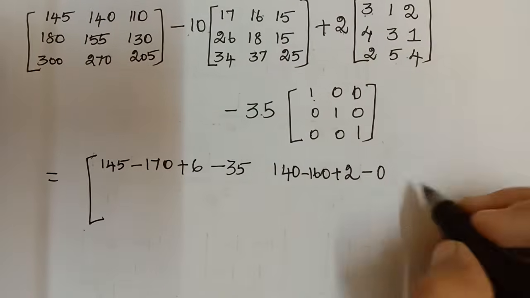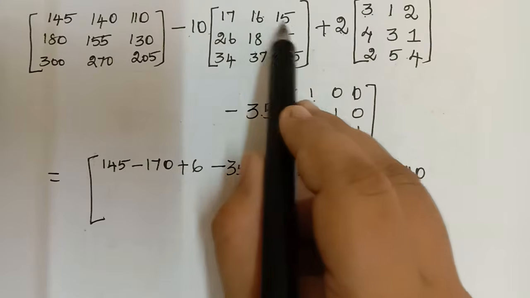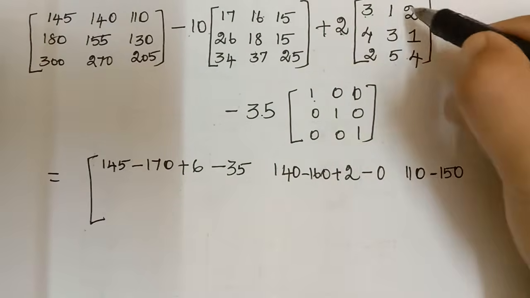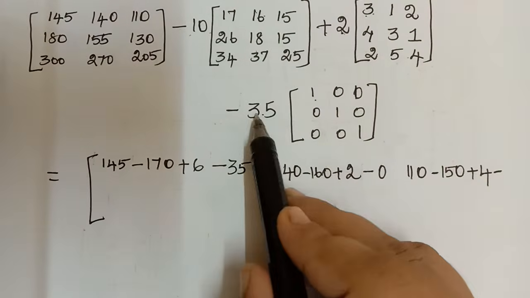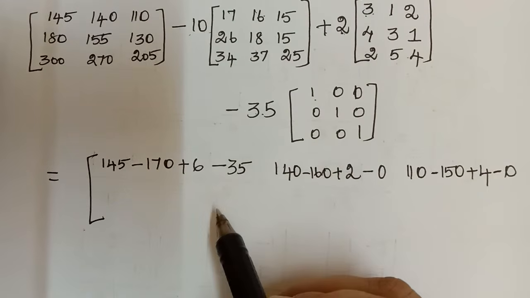Then the third element will be 110, this minus 10 into 15, so minus 150, plus 2 into 2, so 2 times is 4, minus 35 into 0, so 0. So like that we will do for the remaining rows.